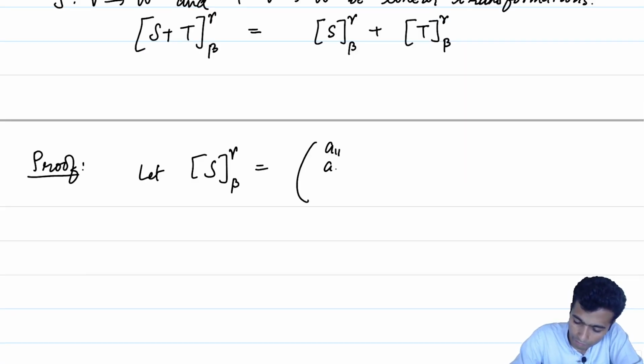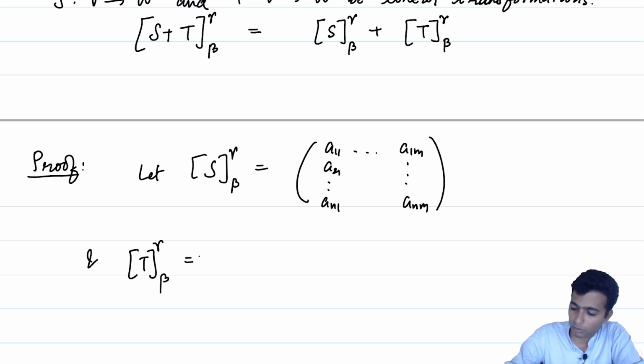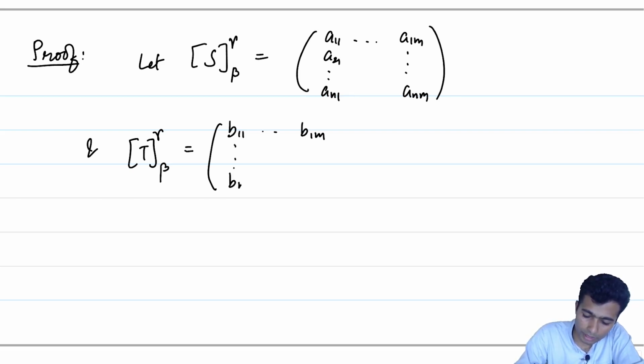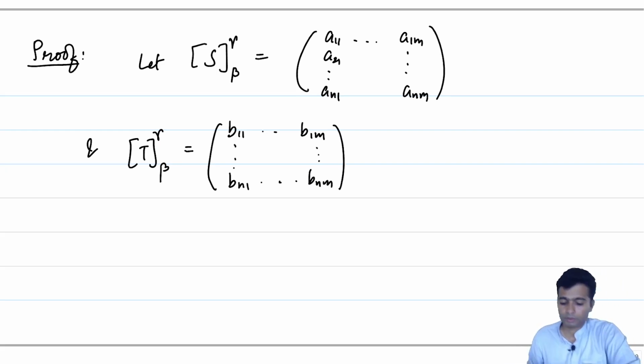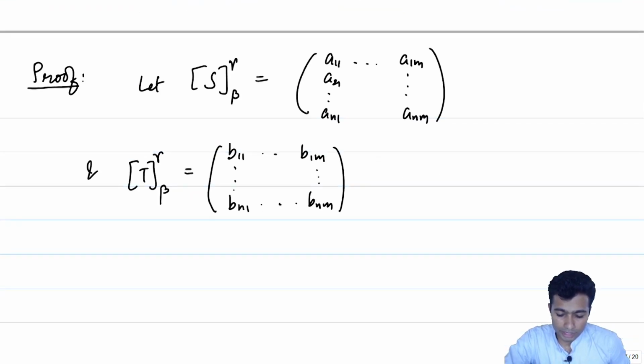And let the matrix of T with respect to beta gamma be B11 to B1m, up to Bn1 to Bnm. Okay, so we know this is with respect to beta and gamma.